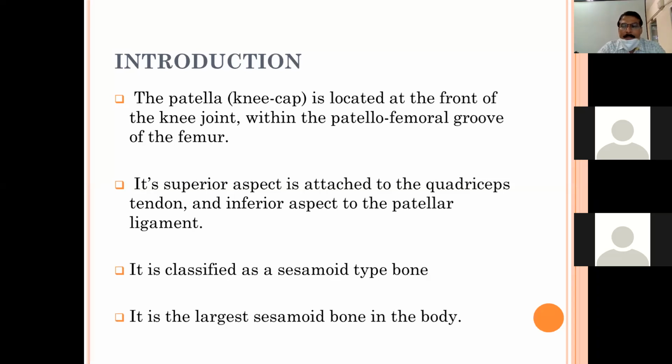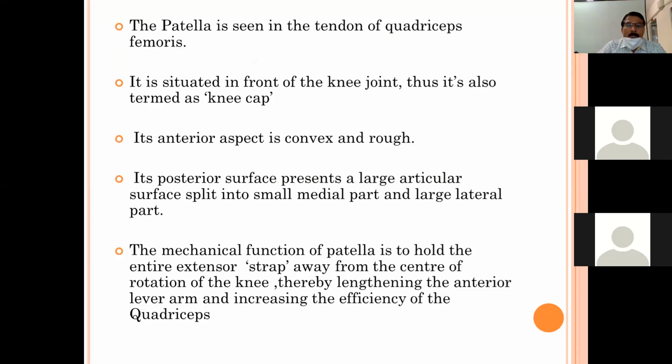The patella is a sesamoid bone, and it is the largest sesamoid bone in your body. It is actually part of the quadriceps tendon itself. It is situated in the front of the knee joint, and that is why it is called the cap.